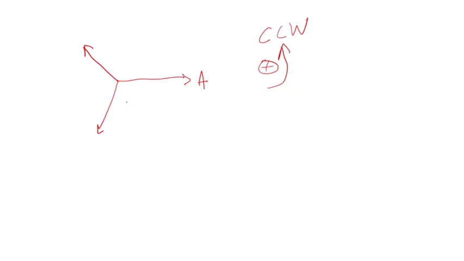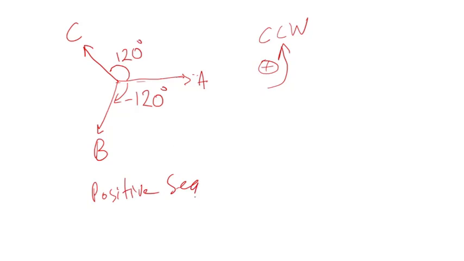So B will be here. That's minus 120 degrees, because the reference A is at 0 degrees. Then from A to C, it's plus 120 degrees. So this is positive sequence.